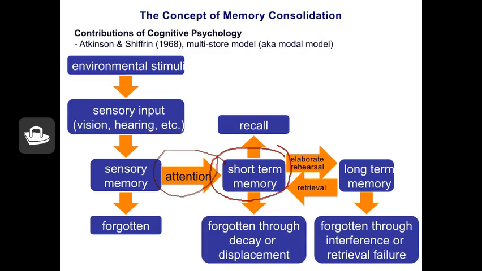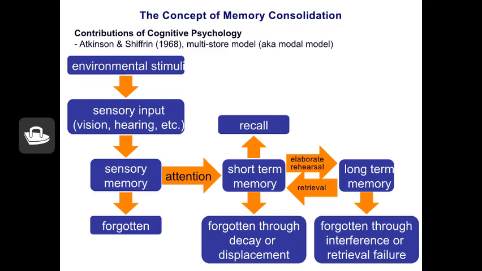This is a form of memory according to the Atkinson and Shiffrin model that typically lasts for up to about a half a minute and has very limited capacity. Actually, Hermann Ebbinghaus found that it was only about 7 bits of information. And I think I said this before. His discovery that you could hold about 7 bits of information in your short-term memory is actually the reason why phone numbers are 7 digits long to this day.